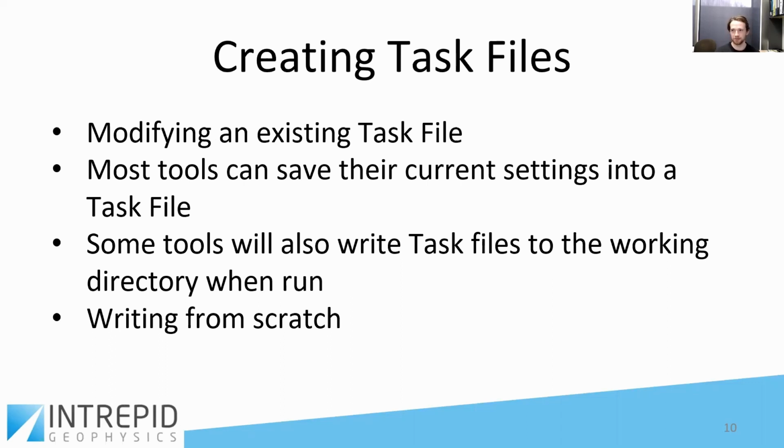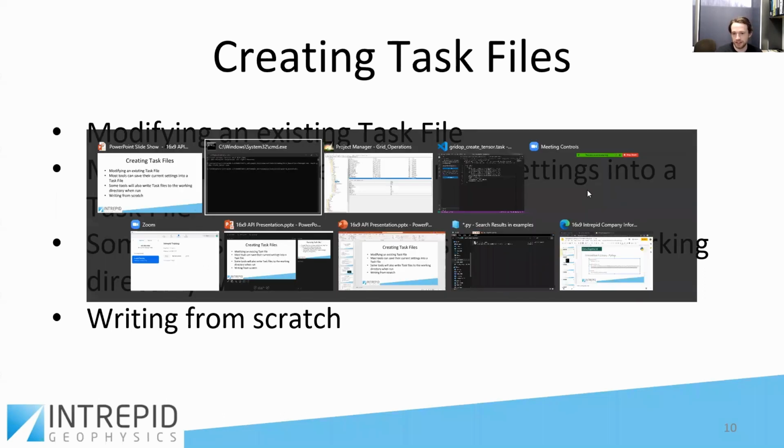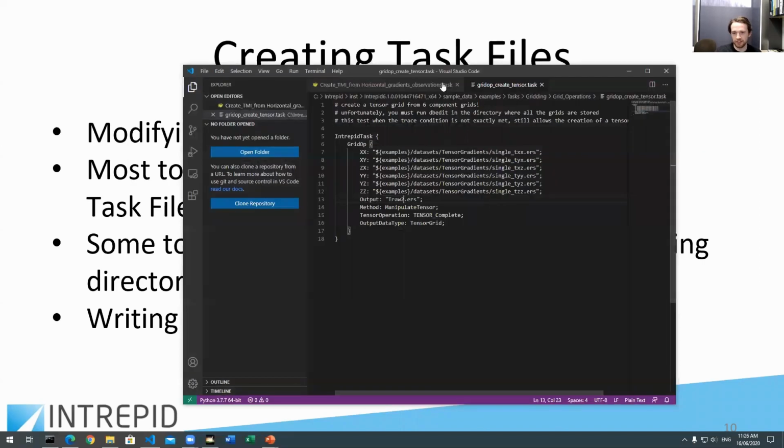and that will make everything a lot easier. Writing from scratch is going to be quite challenging, so you've got to make sure you understand exactly how the members or the messages are structured within a task file. Here it's quite simple. You've just got your Intrepid task, and then there's a single level for the tool. It's just the grid op tool, and then you've got all your parameters. But it can get a little bit more complicated.